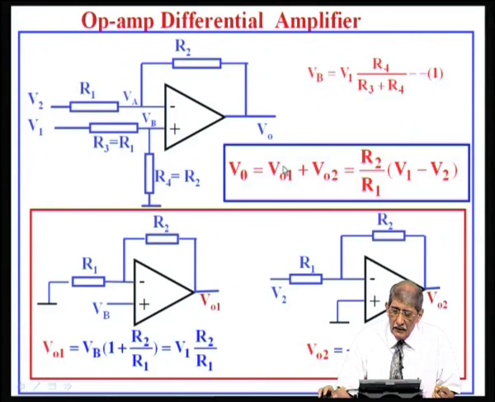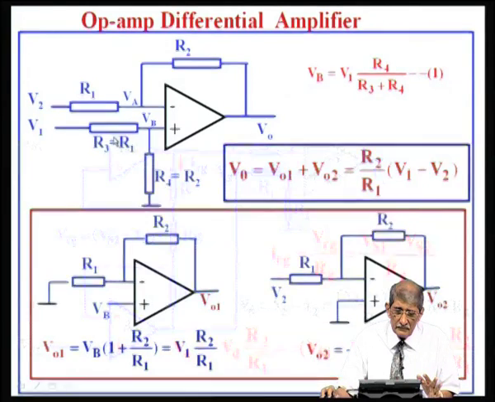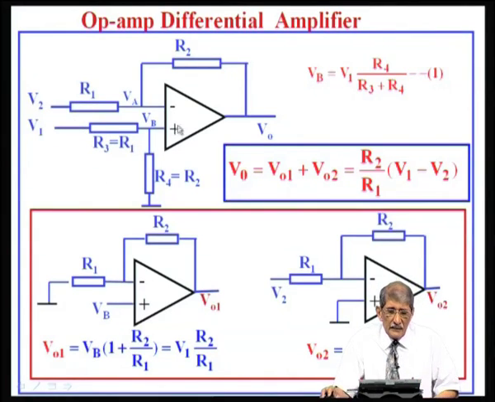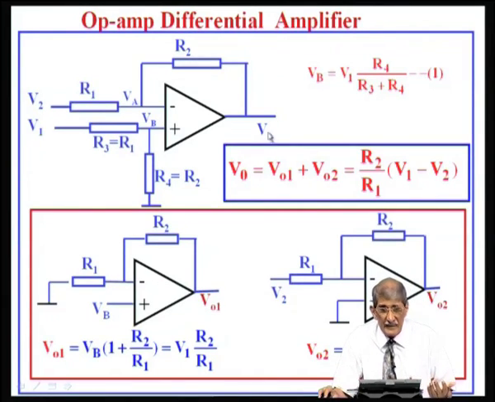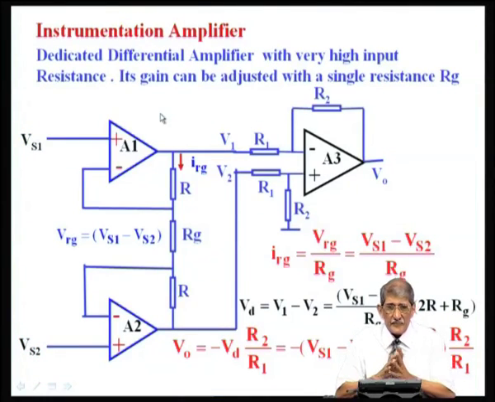Okay. Now, you can modify this circuit. The benefit of this circuit of course is that it will have high input resistance and the output is exactly the difference between the two. You can get still higher input impedance and additional gain control by modifying the circuit, which is usually called an instrumentation amplifier.